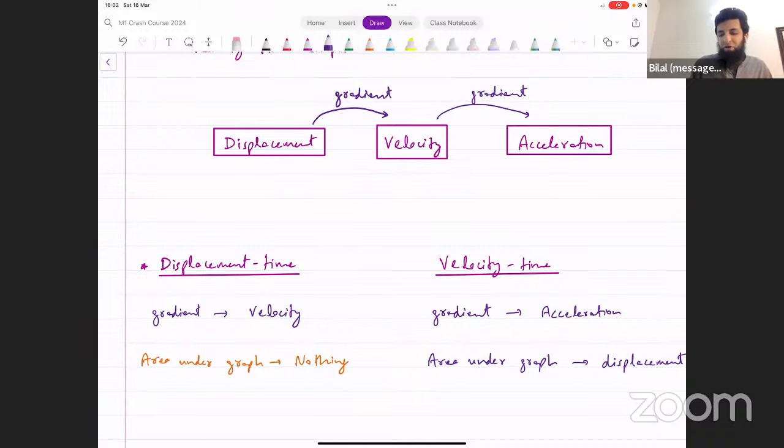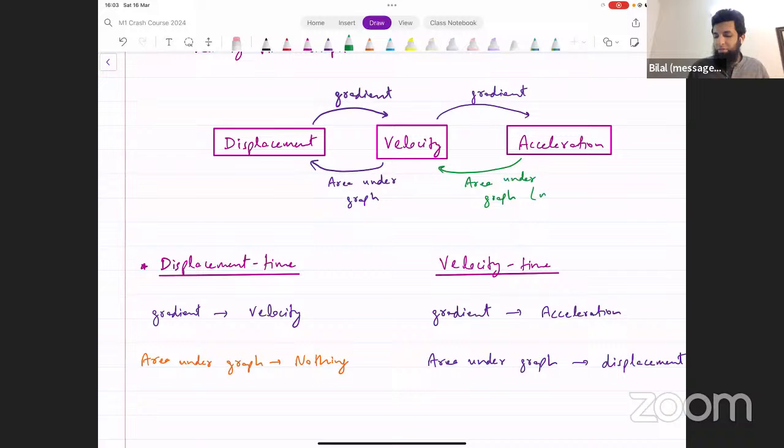And then if you have a velocity time graph, area under that graph is going to give you displacement. And if you had an acceleration time graph, the area under graph would have given you velocity.